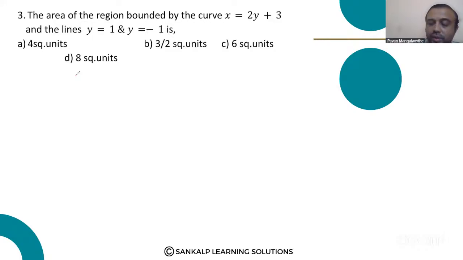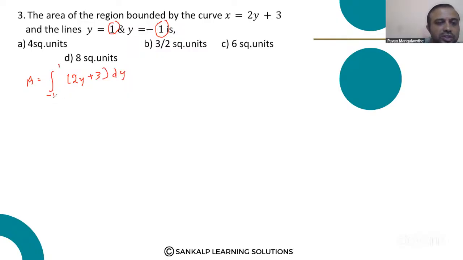So we'll start solving this. The area is given by the integral from minus 1 to 1, because both limits are there, of the equation 2y plus 3 dy.